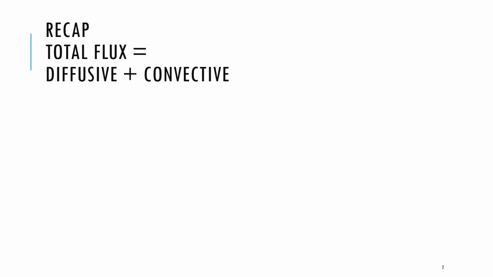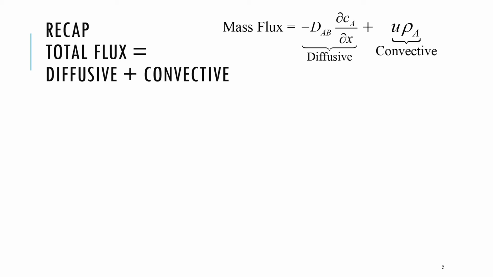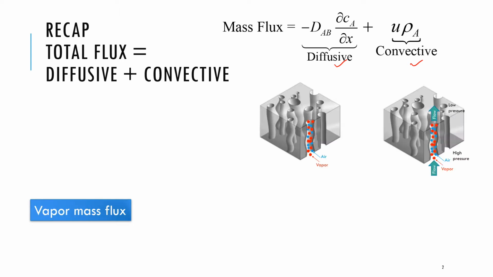Recap that total flux in general can be written as diffusive plus convective. So there is a diffusive part and a convective part. As applied to vapor mass flux, the two processes are again diffusion and flow.